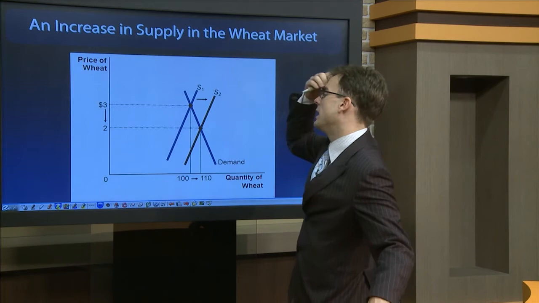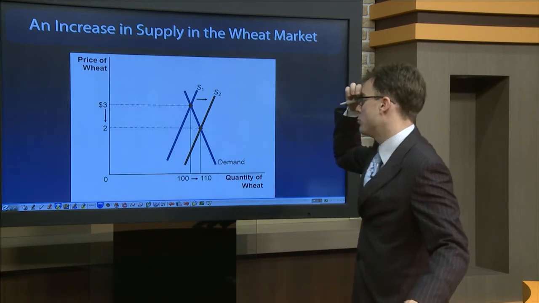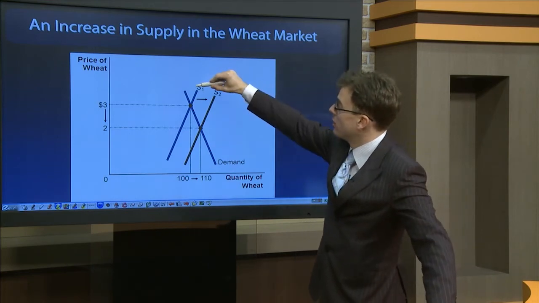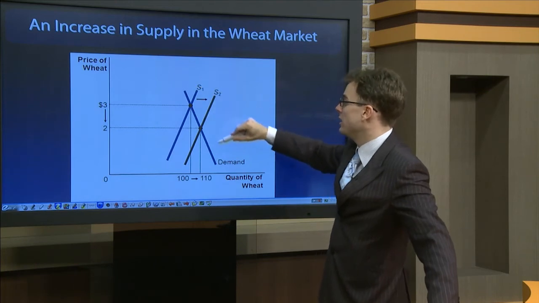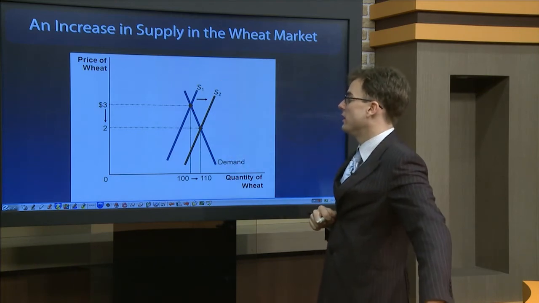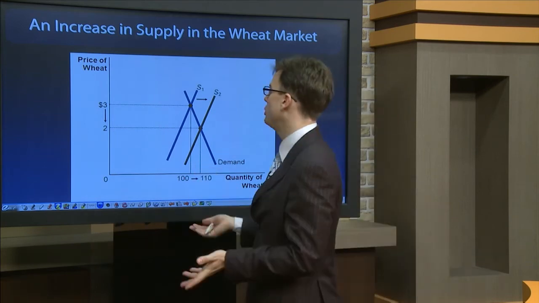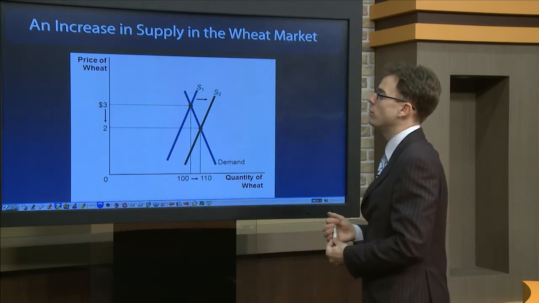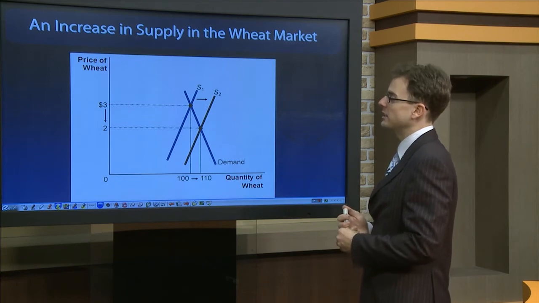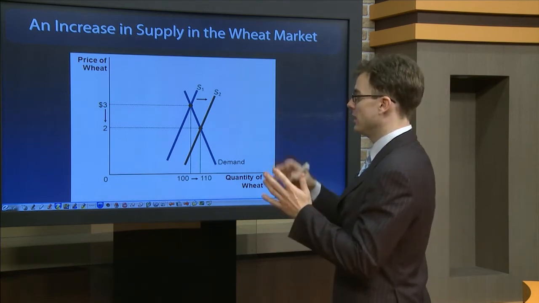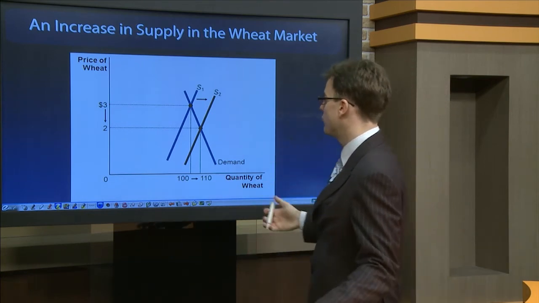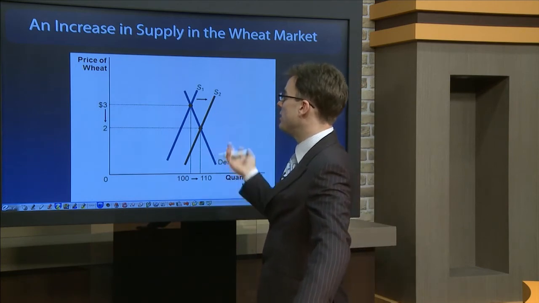So in the wheat market, we would realize that because wheat is a necessity, the demand curve is fairly steep, and we should also think that the supply of wheat is inelastic because the quantity of wheat cannot be changed easily.